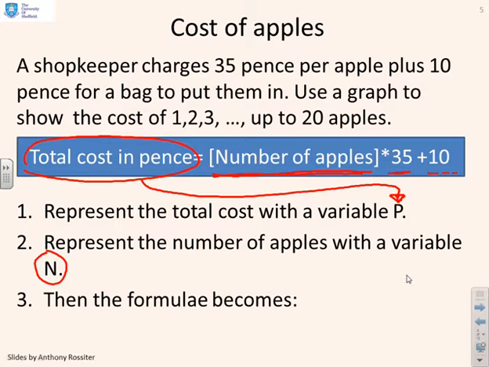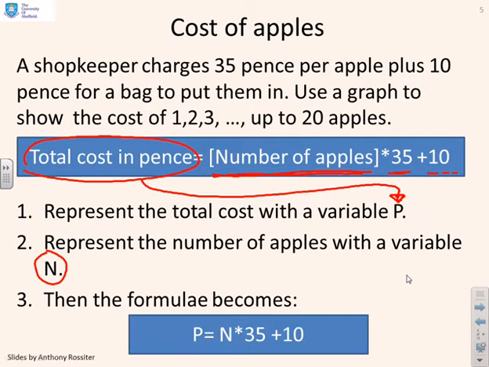Now, if I make these two substitutions into my original formula, this is what I get left with. p equals n times 35 plus 10. And I hope you'll agree that this formula is a lot more compact than one we had before. And therefore it's quicker to write, and in the long term, a lot easier to work with.